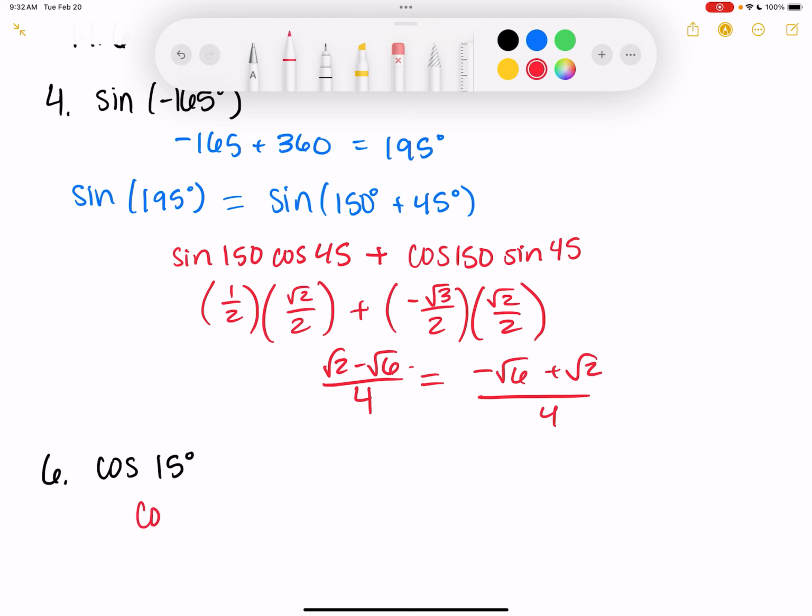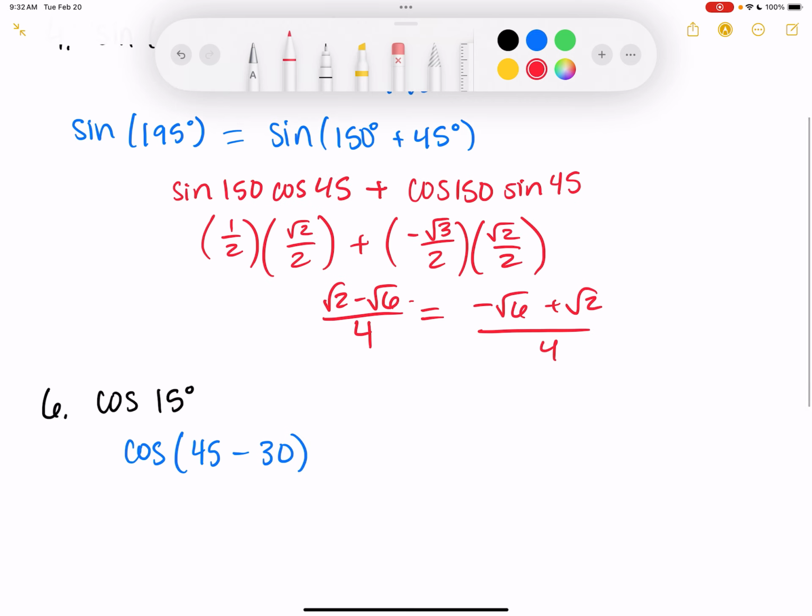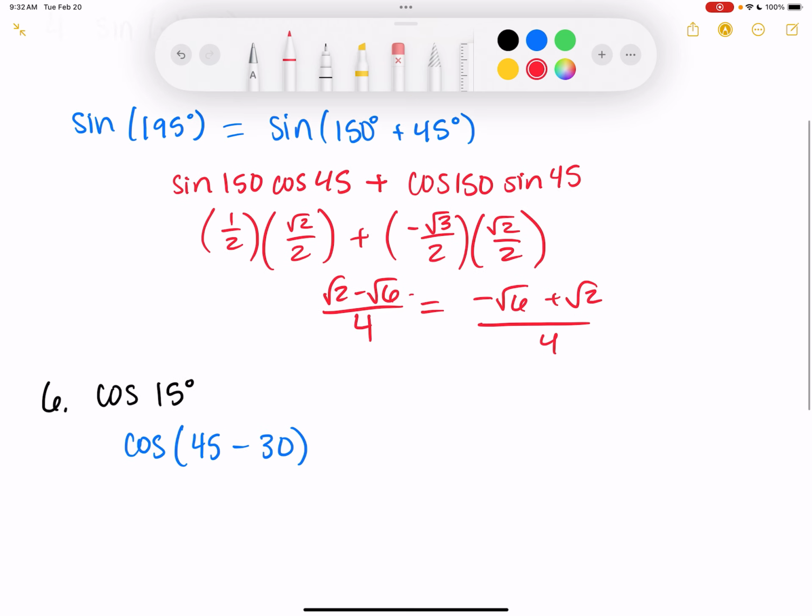So this is going to be the cosine of 45 minus 30. So this formula would be cosine 45, cosine 30, plus, so it's opposite signs for cosine, sine of 45, sine of 30.